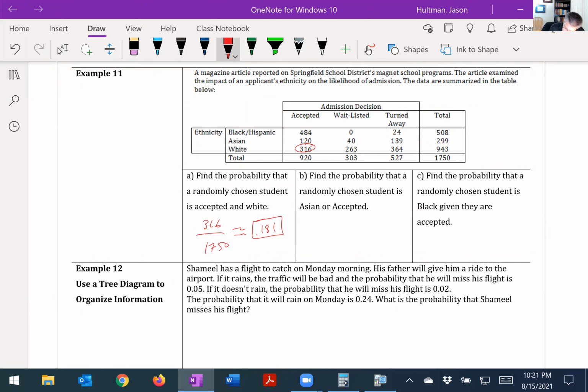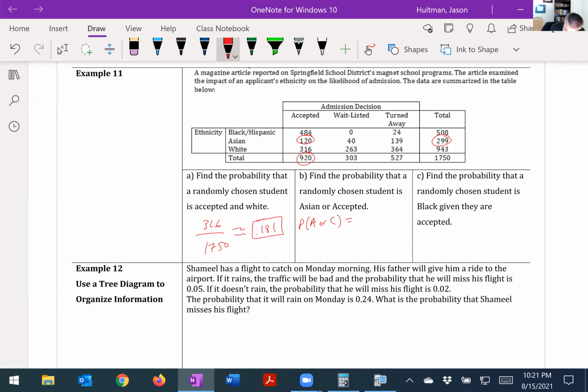Okay, find the probability that a randomly chosen student is Asian or accepted. Asian or accepted. So we have to look at all the accepteds, all of the Asians, and the Asian and accepted.